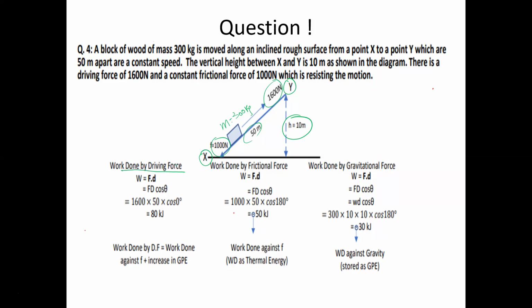The formula is F d cos of theta. The horizontal force is already known, 1600. D is the distance of 50 meters into cos of 0, because the force and distance are both in the same direction, so the angle will be 0. And our work done will be equal to what value?